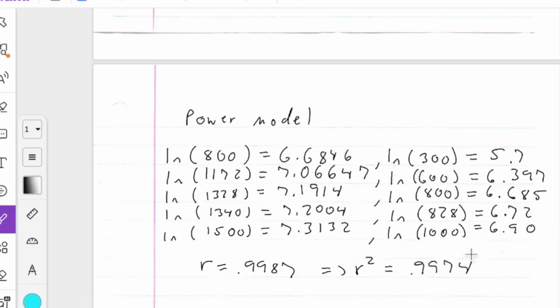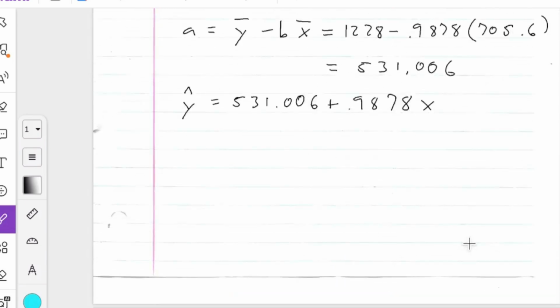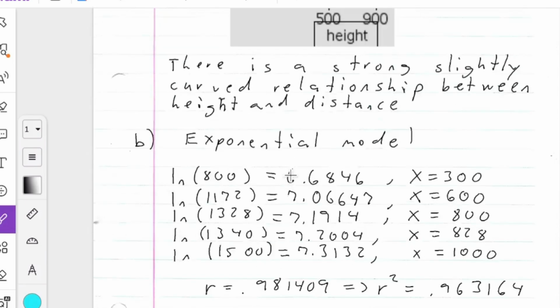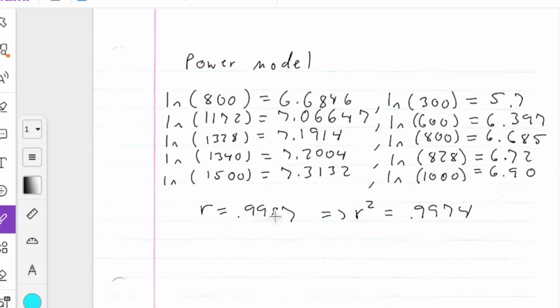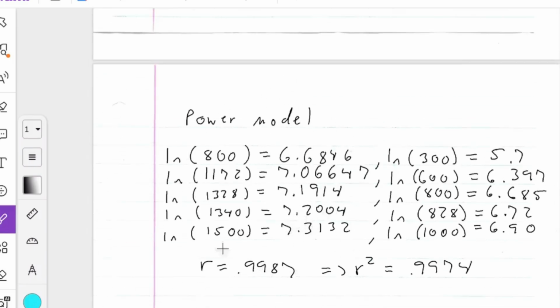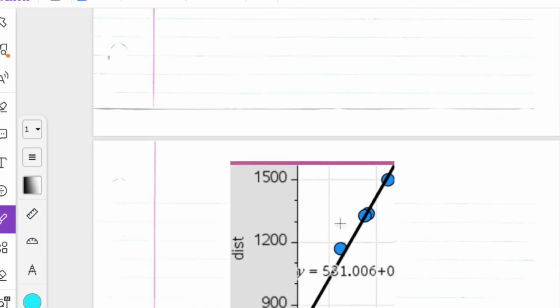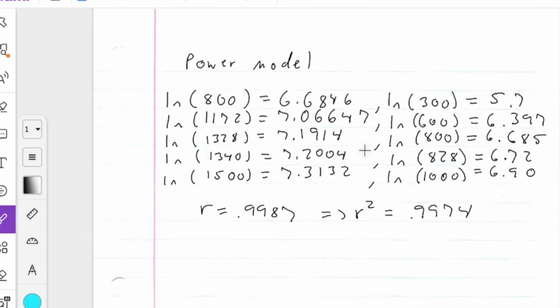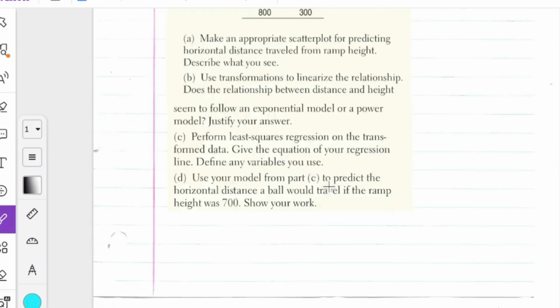So comparing it to our first one, right? Our r was 0.9936, and now this one is 0.9987. So we can see the power model gives us a better regression, right? So we should choose the power model to linearize the relationship. Does the relationship between distance and height seem to follow an exponential model or power model? So it would be following a power model, right?